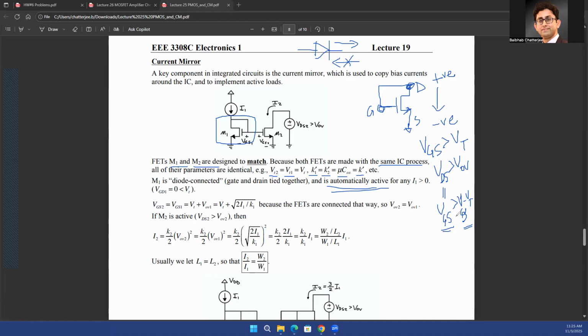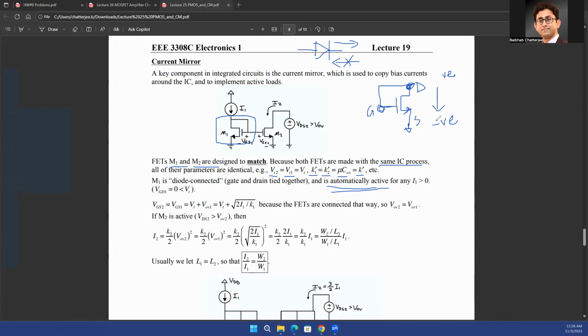Now the question we still didn't answer is: why are we calling this diode connected? Imagine that you reverse the polarity of the positive and negative voltages. These known equations explain why the diode connected transistor is always in saturation.